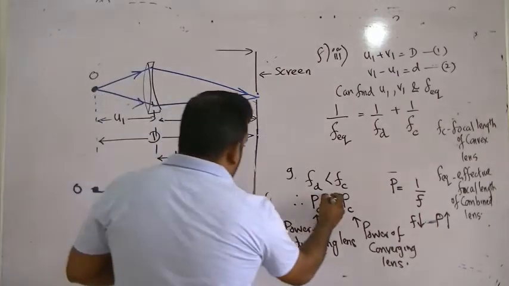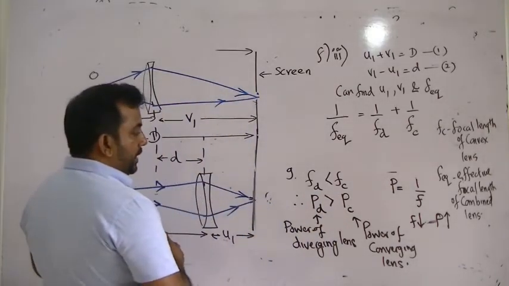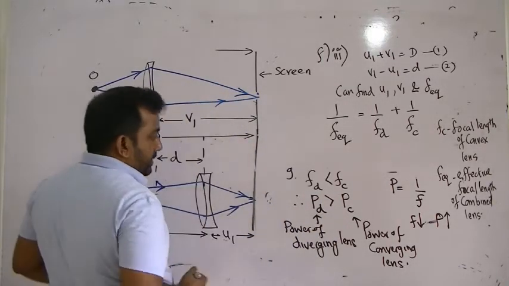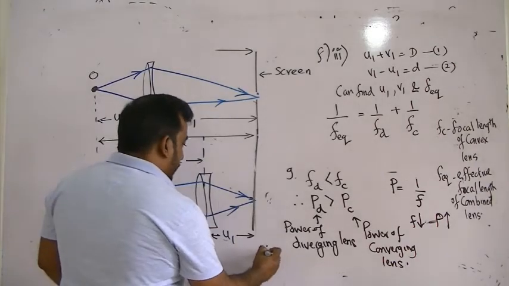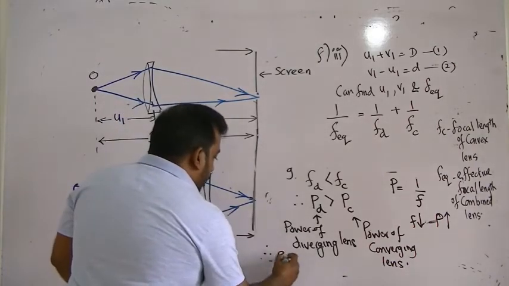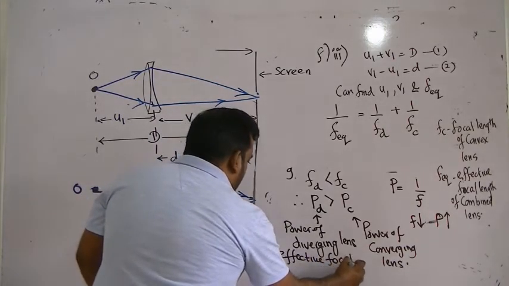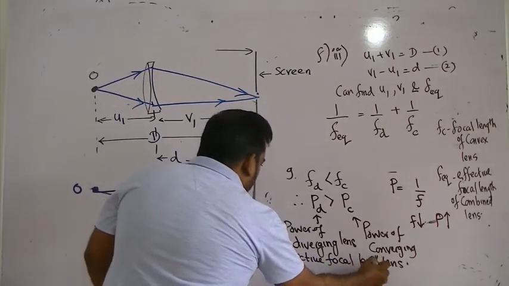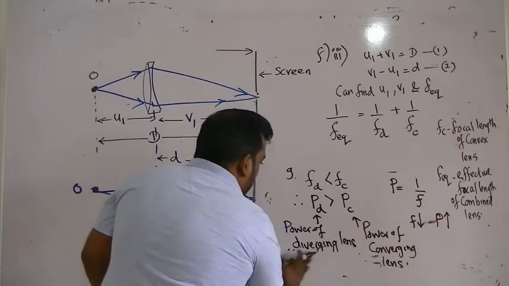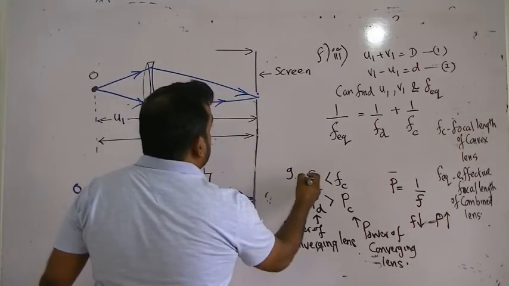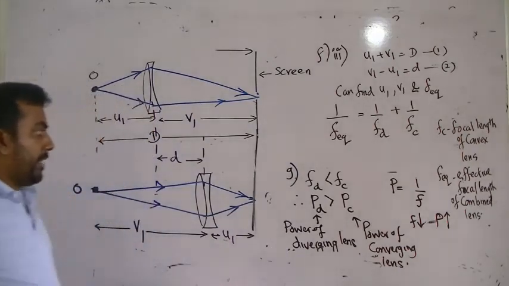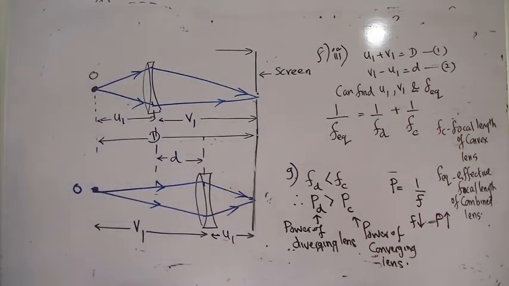If it's greater, the effective focal length will be divergent. So this part G is correct.